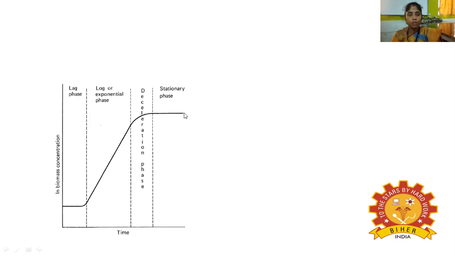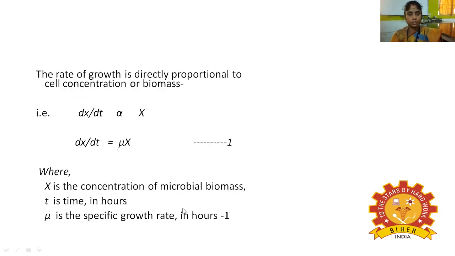Once the product has been formed, it goes to the next phase, the decline phase, which we can also call the death phase, which means there won't be any organism involved in the formation of a product. The cell also stops growing, so the product formation also stops, and we call that the death phase or decline phase.